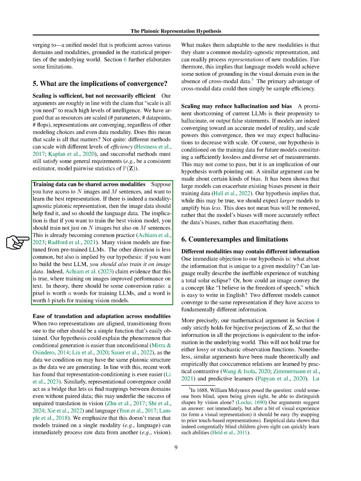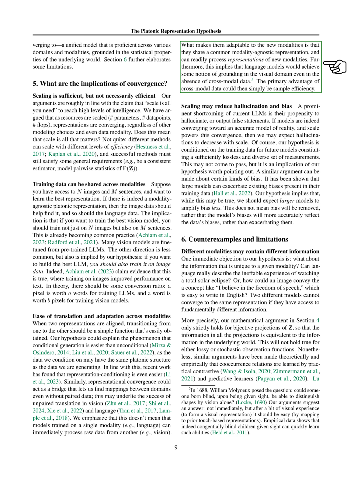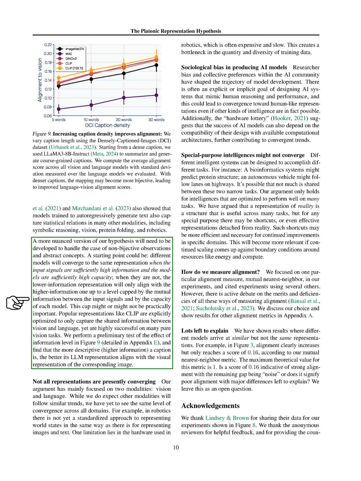The ease of translation and adaptation across modalities is crucial, as aligned representations facilitate transitioning between different domains. Scaling may help reduce hallucinations and biases in large language models. Different modalities may contain unique information, and a nuanced approach is needed to handle non-bijective observations and abstract concepts. Overall, our study suggests that models converge to similar representations when input signals are high information and models have high capacity.